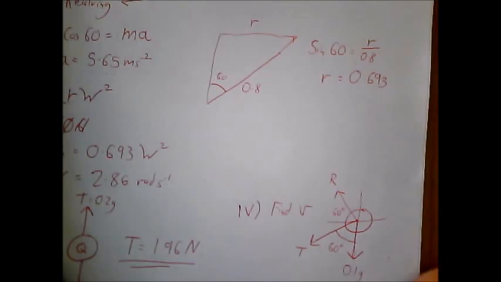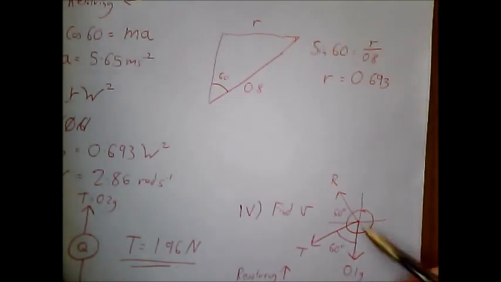And I know this tension, so let's resolve upwards first to get my new reaction force. Yes, I'm going to need that. So resolving upwards, because my reaction force is going to change here.